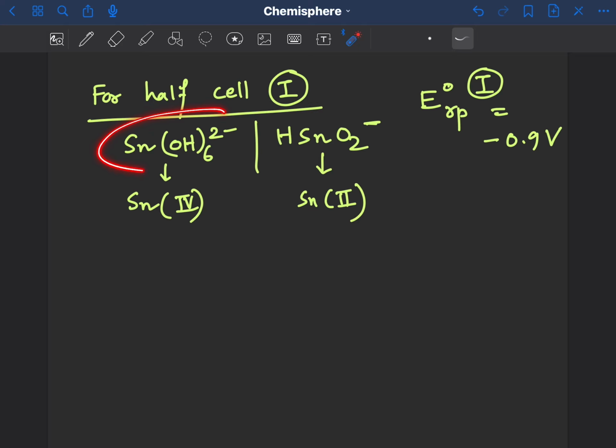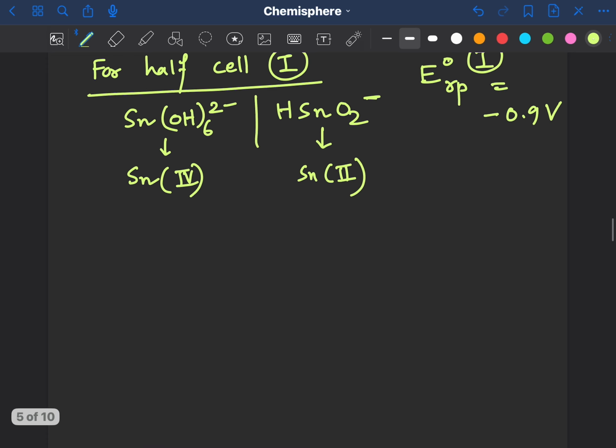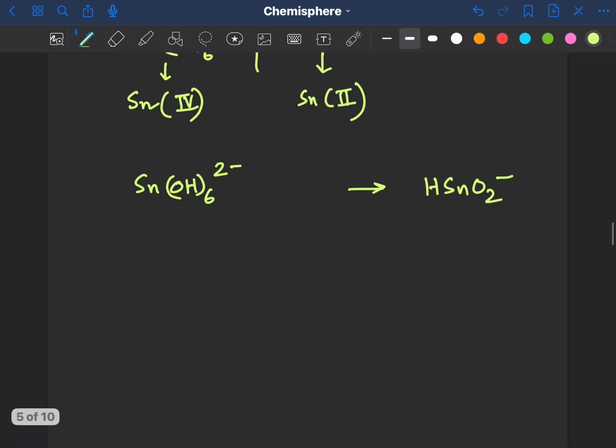this is our half cell, that is Sn(OH)6 2 minus getting converted to HSnO2 minus, okay? So let us write that down. Sn(OH)6 2 minus is getting converted to HSnO2 minus. In this, we don't know how many electrons are involved, and also this is not balanced. This is an ionic reaction, and to balance an ionic equation in a basic medium, there are a few steps that we need to follow.